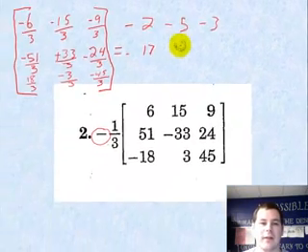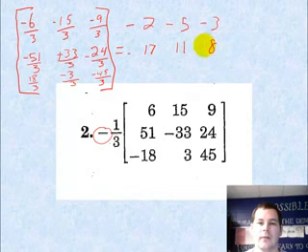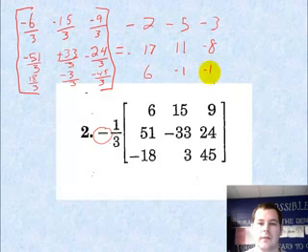We have 11. We have 8, negative. We have 6. I have a negative 1, and I have a negative 15. So that is my answer to number 2.